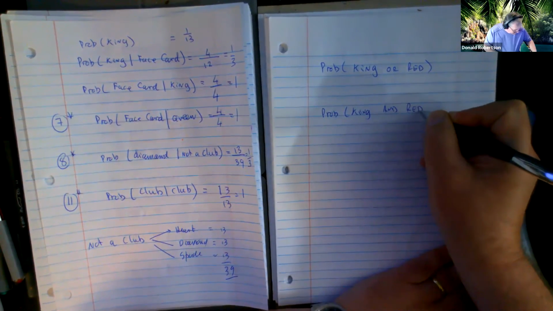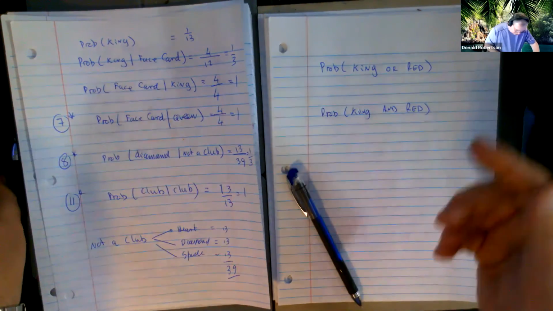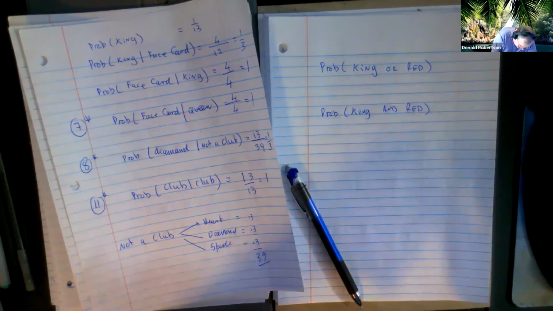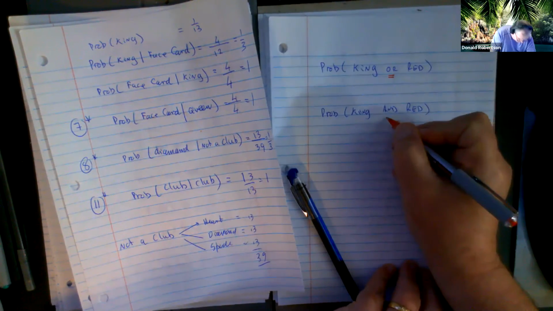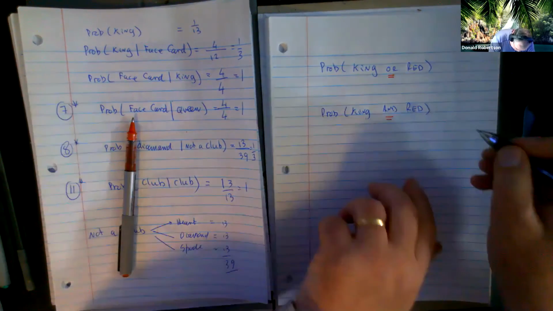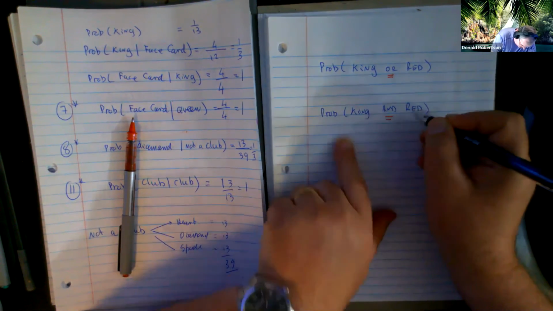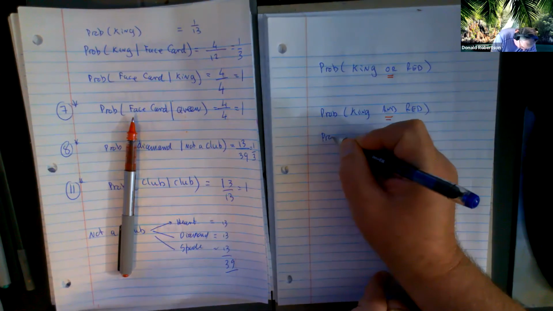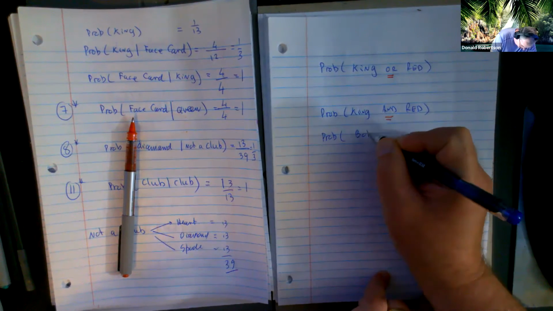Now, in statistics and probability, whenever you see these two words, they have a very specific meaning. So, when they say king and a red, I want you to think of that as meaning it's both of those.